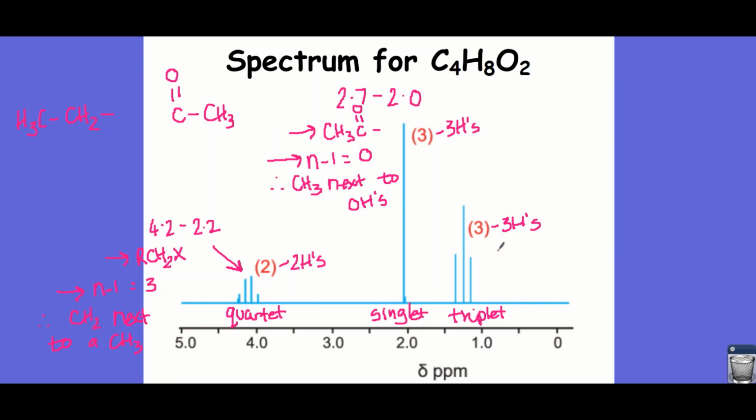Let's deal with our final peak here. I know that it is probably a CH3, and if I look down, 1.5 to 1.9 is probably an RCH3, and N minus 1 tells me that it is a CH3 next to a CH2.